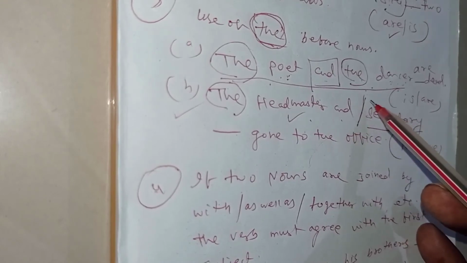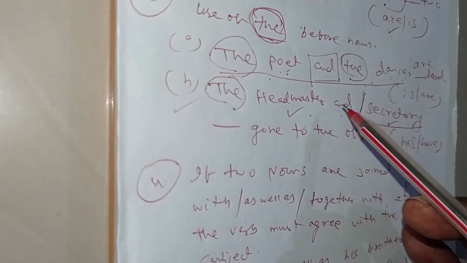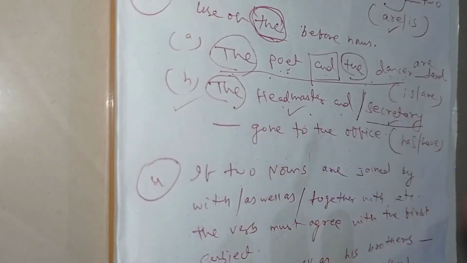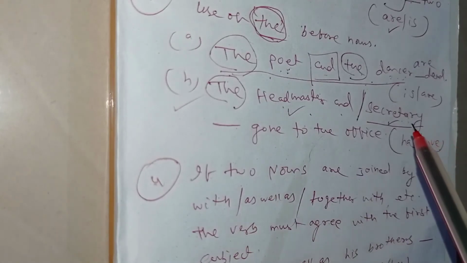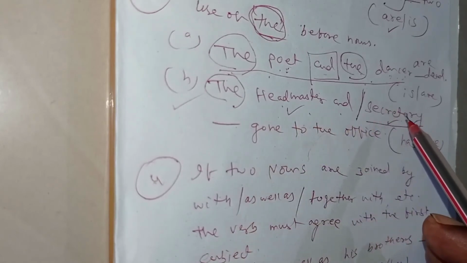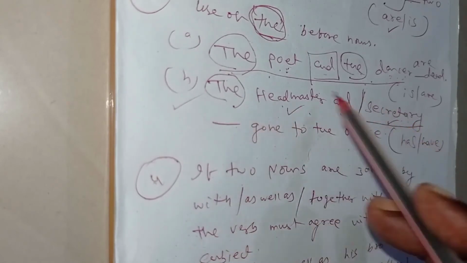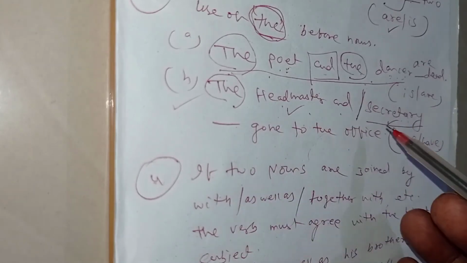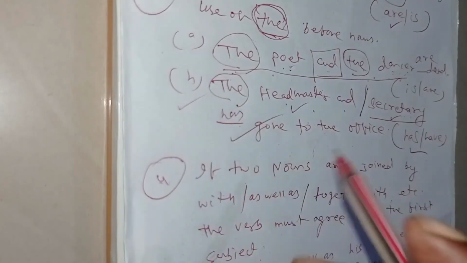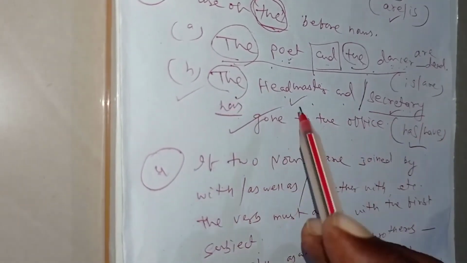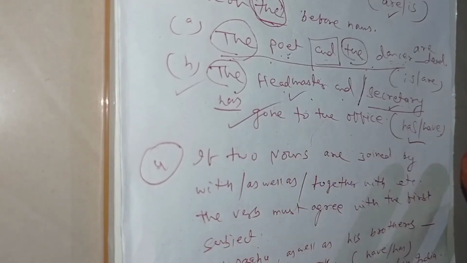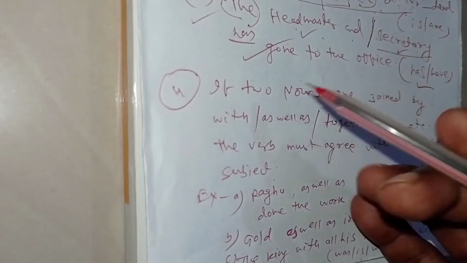So here you remember, the headmaster and secretary are one and the same person. If the person who is the headmaster is also the secretary, that is why we treat the subject as singular and the verb must be singular, that is has. As the sentence is in present perfect form, you have to write: the headmaster and secretary has gone to the office. Okay.